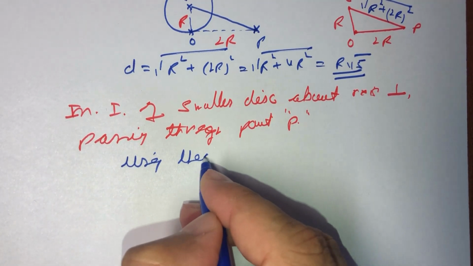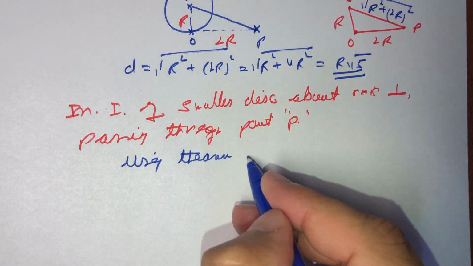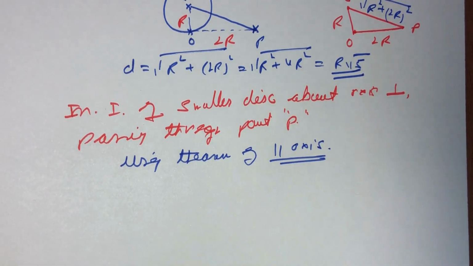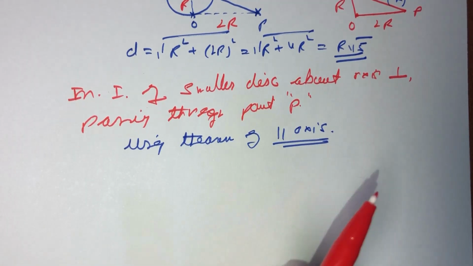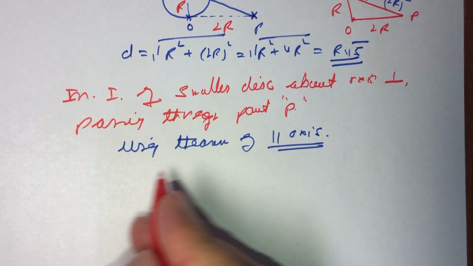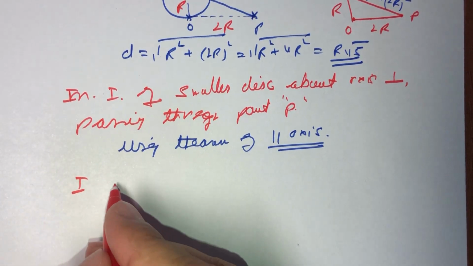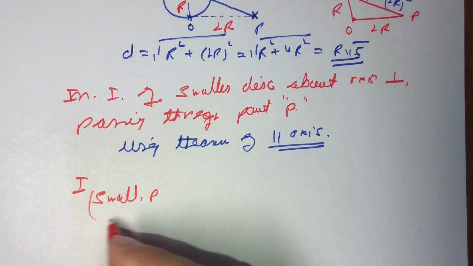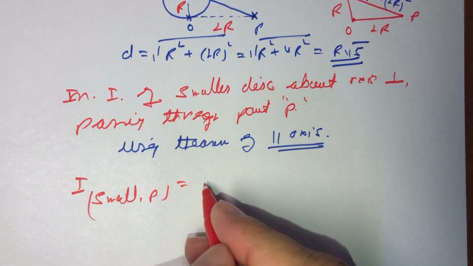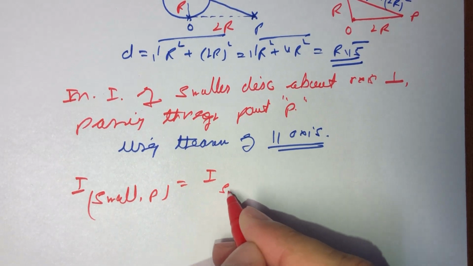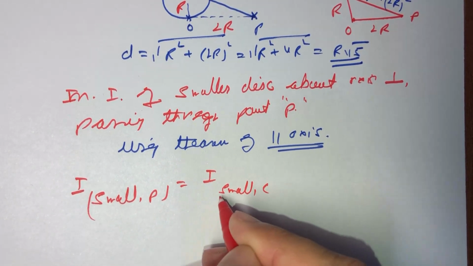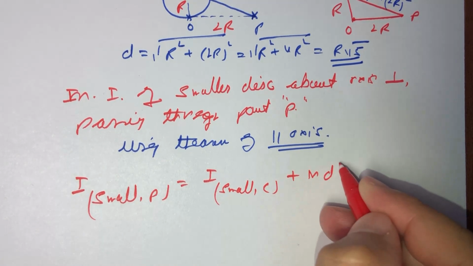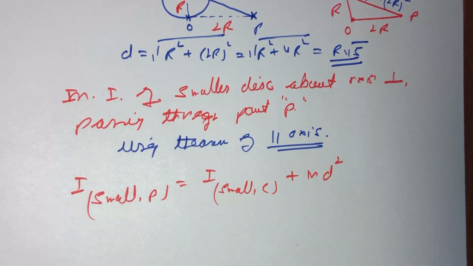Using the theorem of parallel axis, we can say the moment of inertia for the small disk through point P will be equal to the moment of inertia for the small disk through point C plus mass and the distance between the two axes.